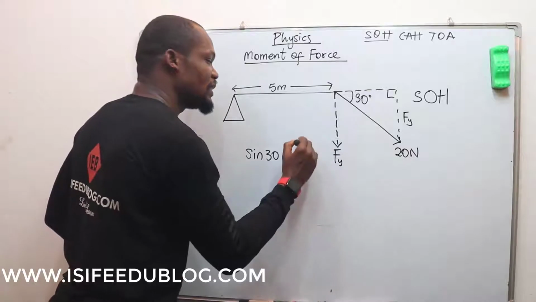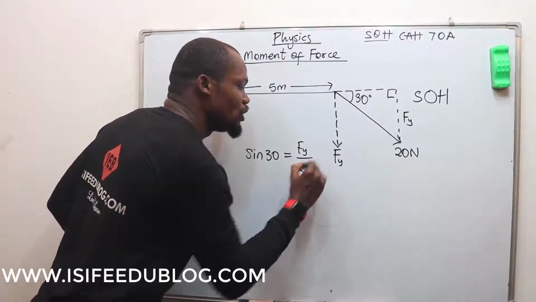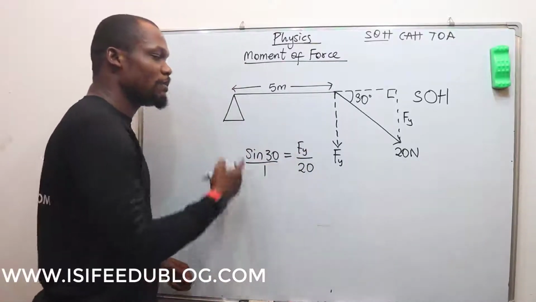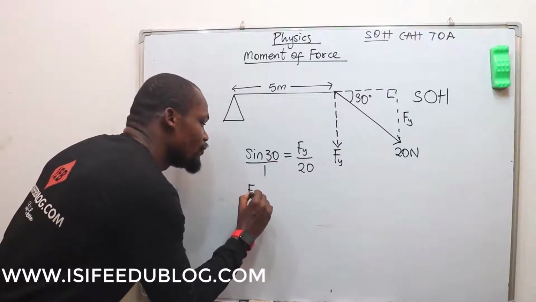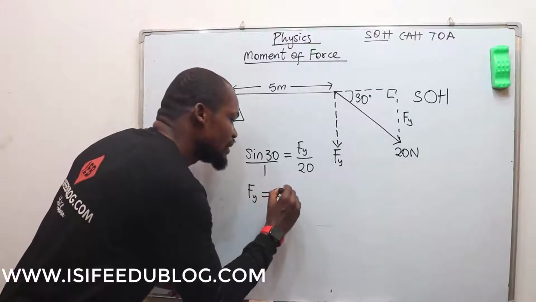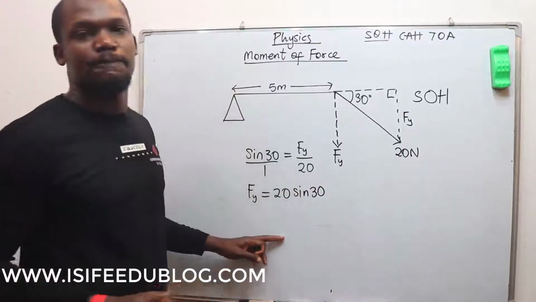And opposite is f of y, which we are looking for, all over hypotenuse, which is 20. If we cross multiply, f of y equals 20 times sine 30. Hence, we have 20 sine 30.